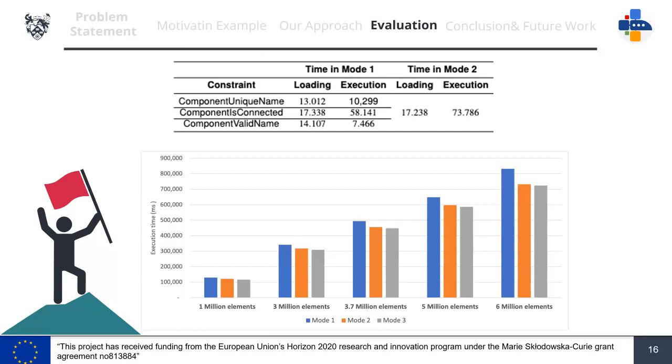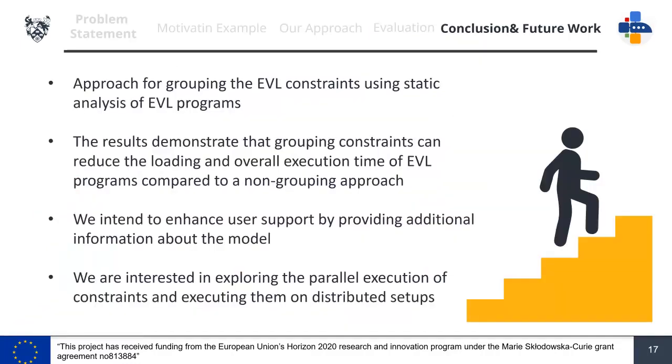Because using this information, we can execute the 2 other constraints. But the execution time stays the same. If you sum this up, it will be 73, because we didn't do anything for execution. We are just saving some time for loading.